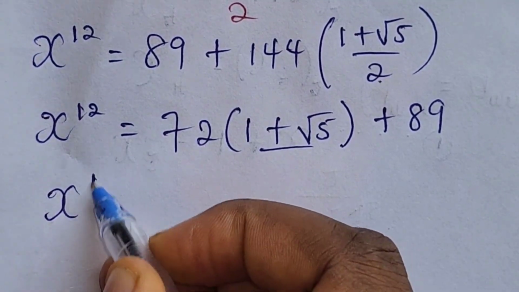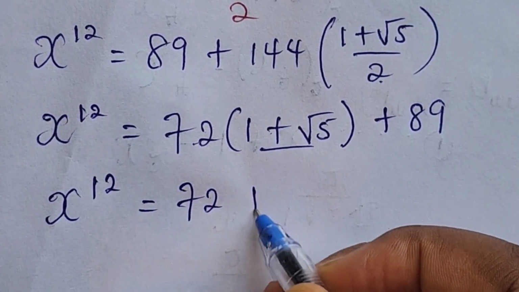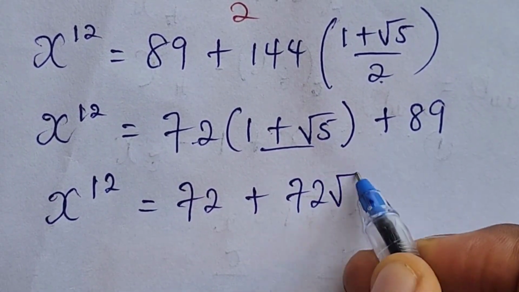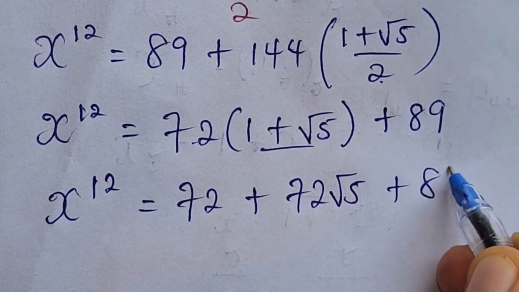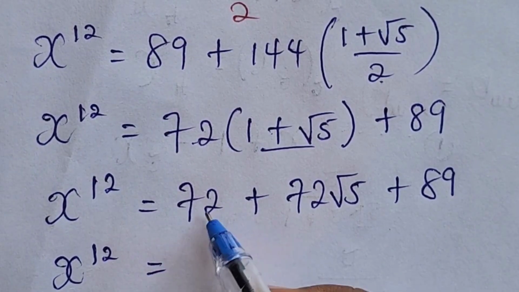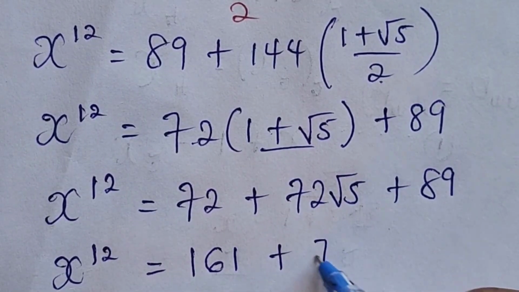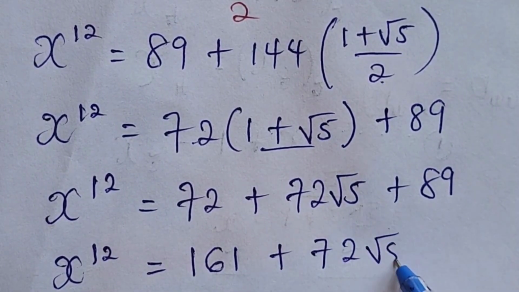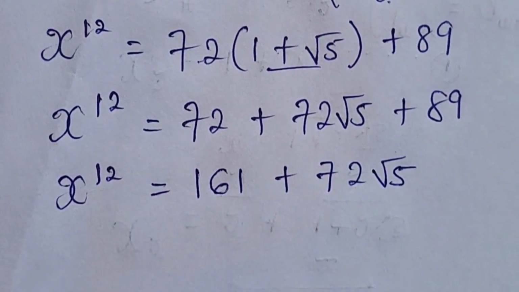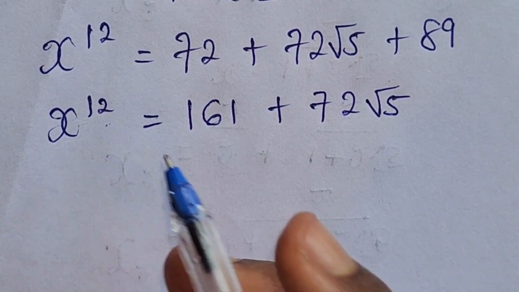So our x to the power of 12 is equal to, opening this bracket, we have 72 plus 72 root 5 plus 89. So we have x to the power of 12 to be equal to this plus this, we have 161 plus 72 root 5. So this is our value for x to the power of 12.